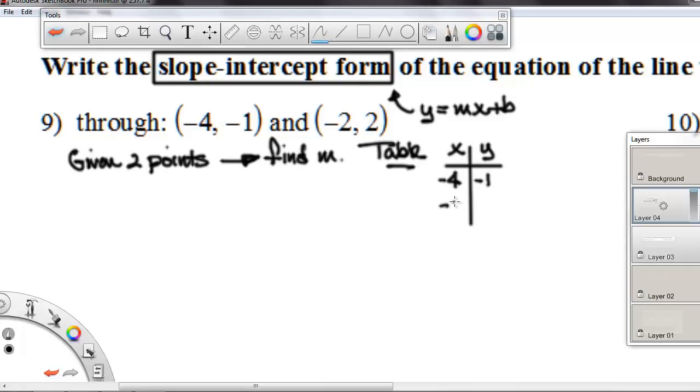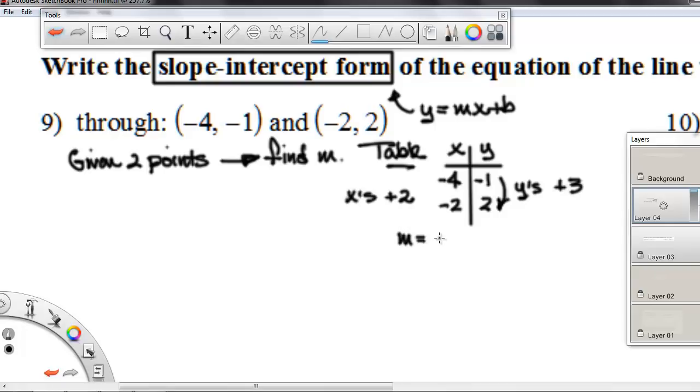And the second point is (-2, 2). Now we need to see how the y's change. We start at -1 and we go to 2, so the y's go up by 3. Now we look at how the x's are changing. The x's are changing by +2.